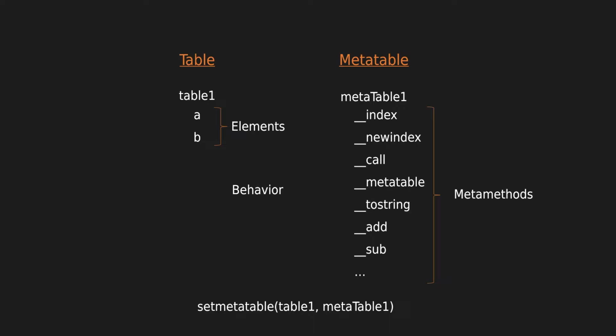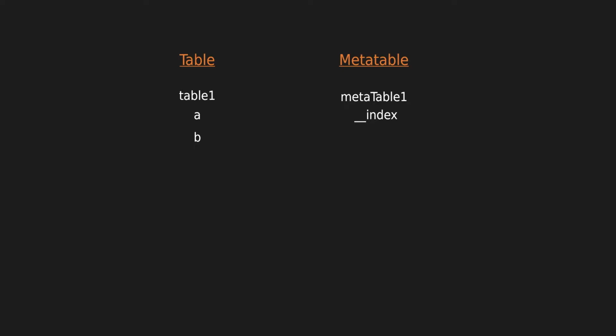For object-oriented programming, the most important metamethod is __index. This is an important metamethod because when an element is not found in a table, this __index method is used to search for the element in the metatable. For example, we have a table1 with elements A and B. But similar to the example we had, let's say we are looking for a variable called C and we want to print its value.